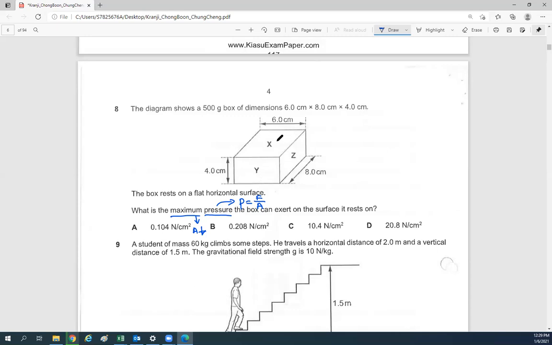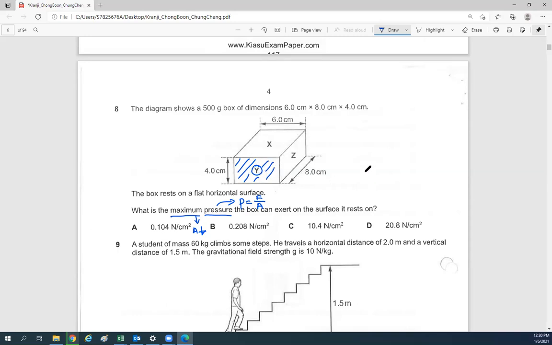So in this box, I've got three areas, right? I've got area X, Z, Y. The smallest area seems to be area Y, which is 4 times 6. Okay, the rest will give you bigger area. So the smallest area that I want is area Y. So therefore, I have to place the box standing on this area.